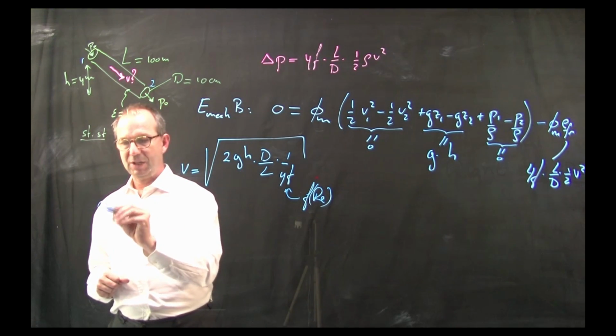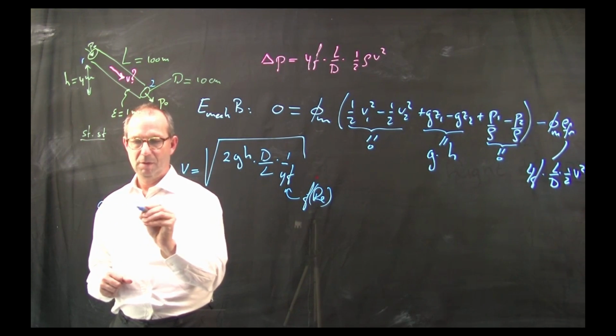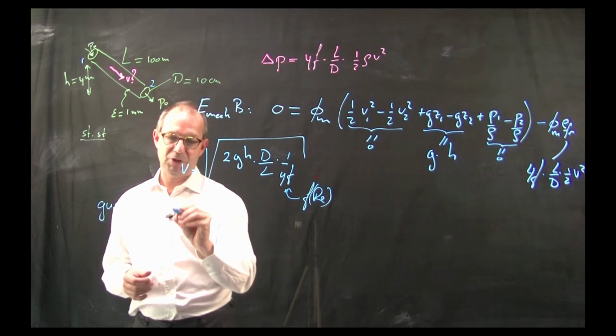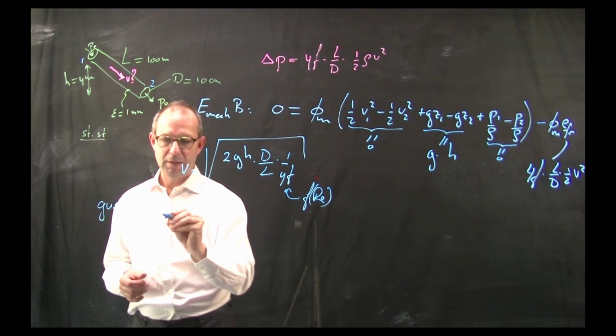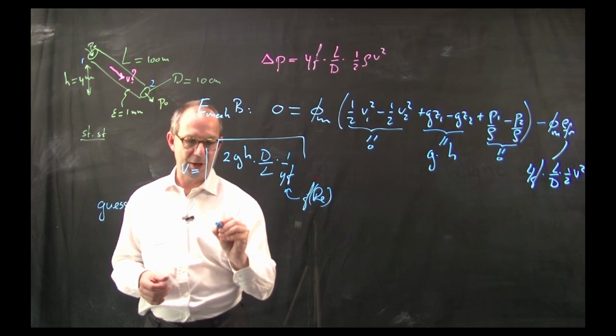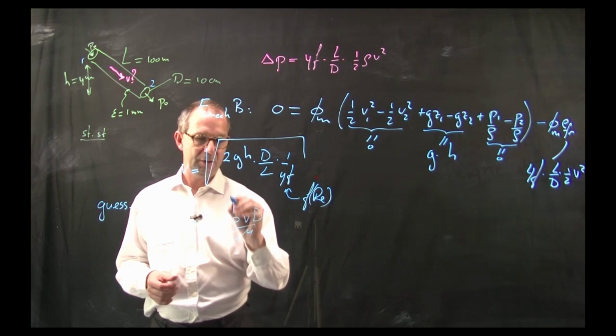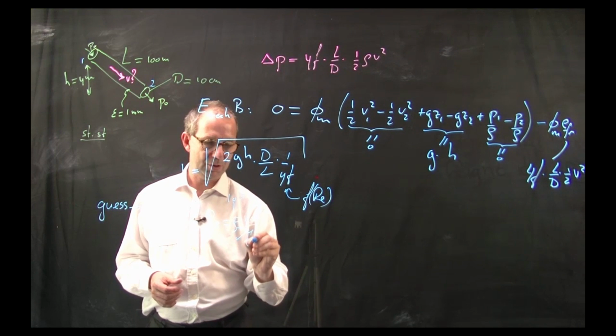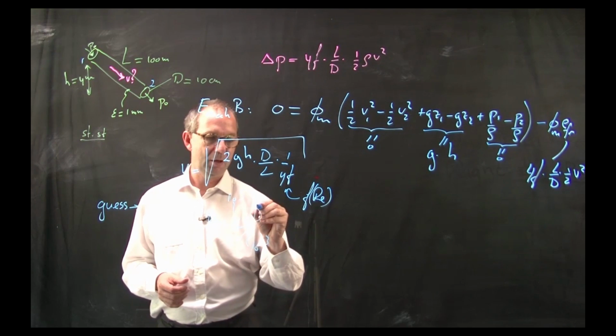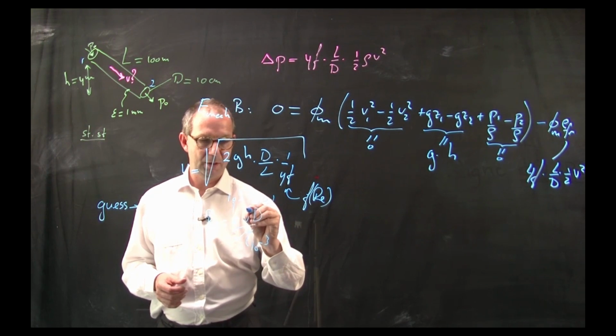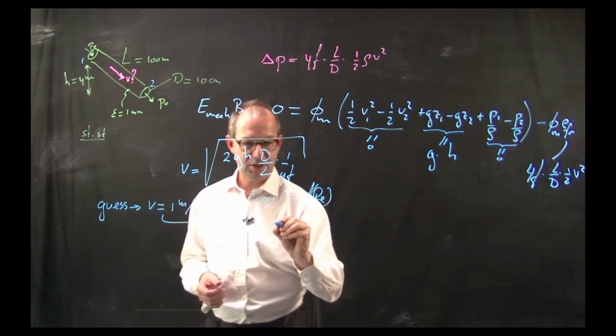So I take as a guess a water velocity of 1 meter a second. Then I can compute the Reynolds number, rho v d over mu for water, 10 to the third in SI units, 1, 0.1, and the mu for water is 10 to the minus 3, so Reynolds is 10 to the fifth.